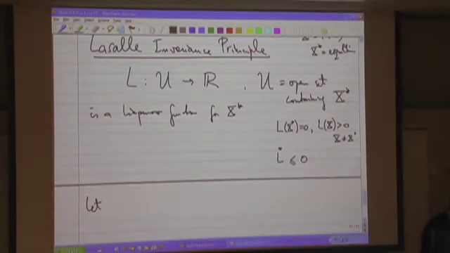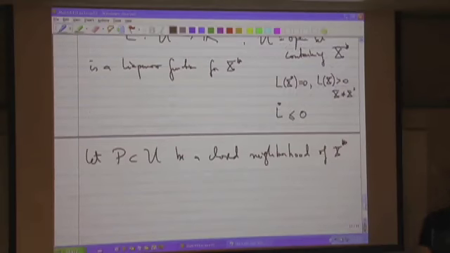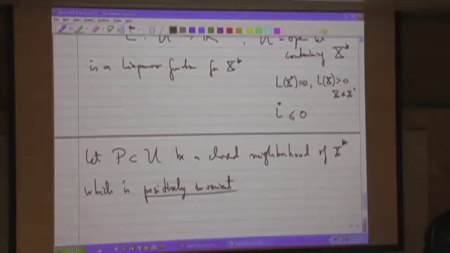And let P be a closed neighborhood of x star, included in the set where the Lyapunov function exists, which is positively invariant. What does that mean?